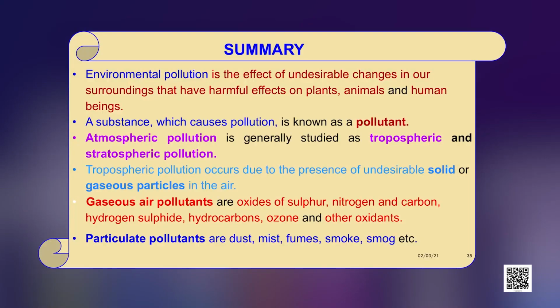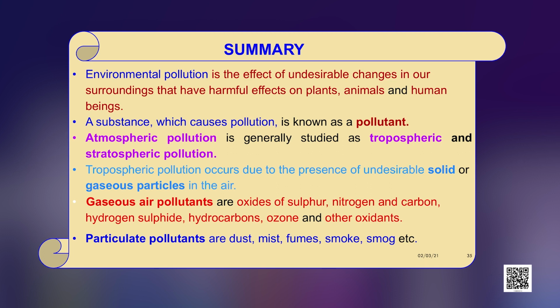The environmental pollution is the effect of undesirable changes in the surroundings that have harmful effects on the plants, animals and human beings. A substance which causes pollution is called a pollutant. Atmospheric pollution is generally studied as tropospheric and stratospheric pollution.